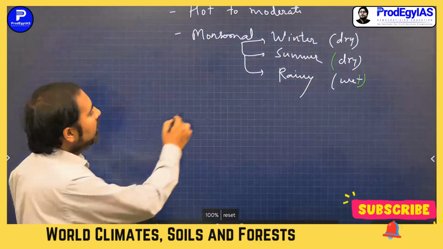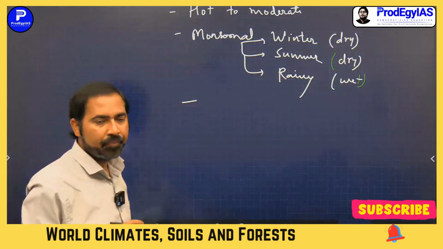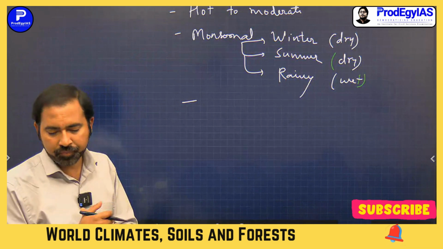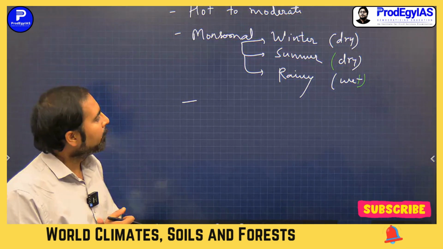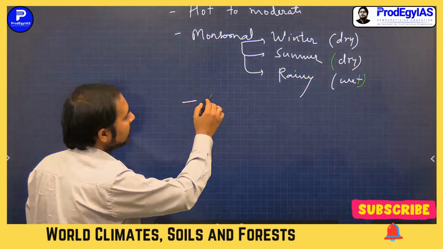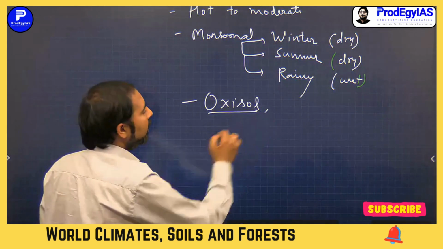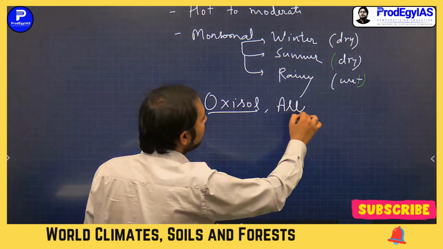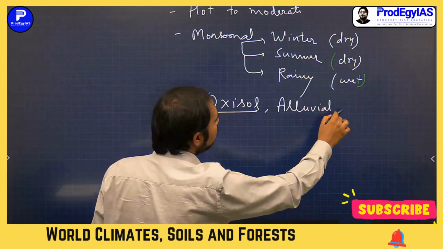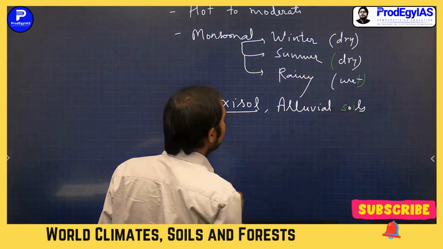Then type of forest there. Yeah, before that, write down type of soils. Soil is known as oxisol and alluvial. Mostly these 2 types of soils are there.